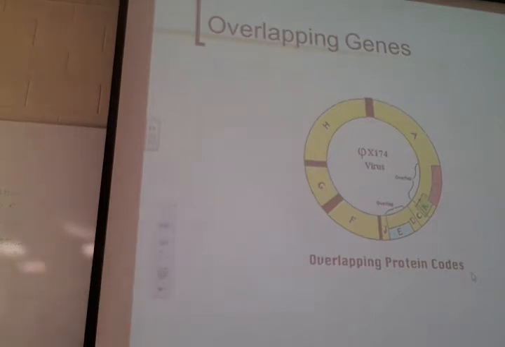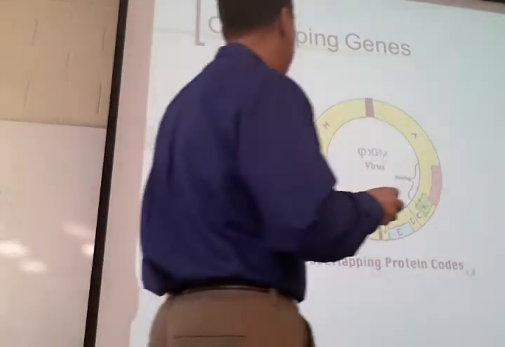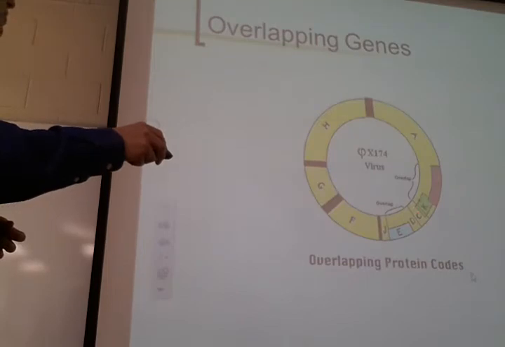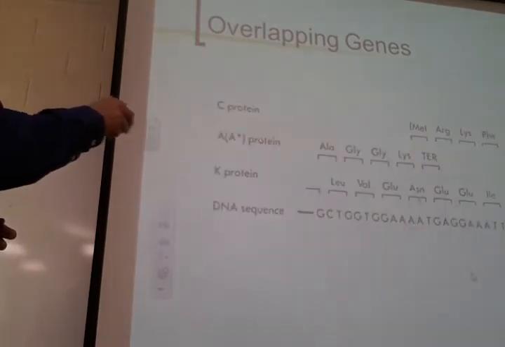So we can add mostly. That might be a good adverb. It's still mostly non-overlapping, but there's a growing number of exceptions to this rule as well. This section shows where the C, A, and K genes all overlap.